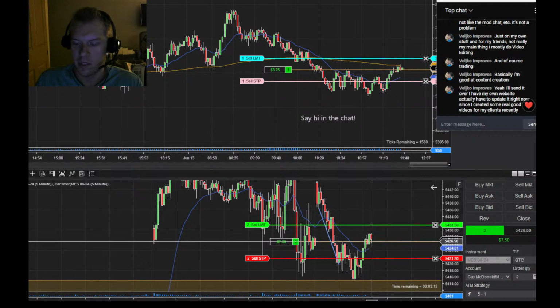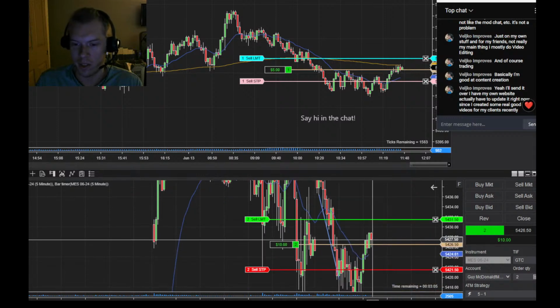If this bear bar closes something like this, I'll just go ahead and get out, break even, or I'll get out at the close of that bar.